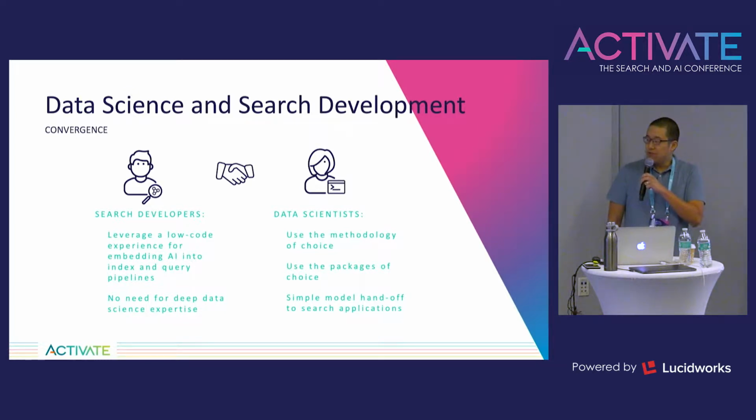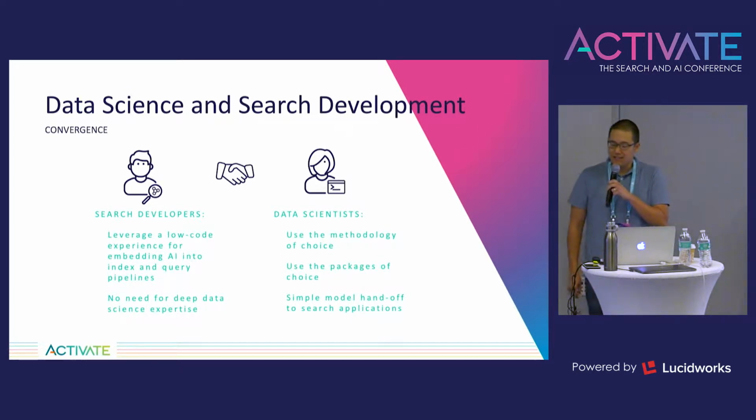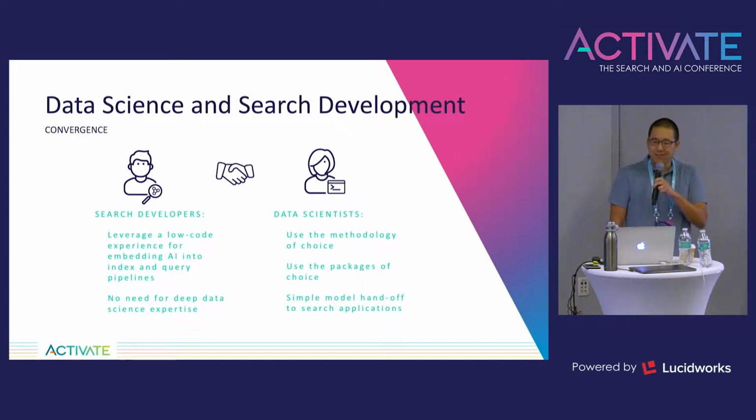For Fusion, one of its biggest selling points is the out-of-the-box experience that you get with ML and AI, especially if you're a search developer that doesn't know a ton about data science or a ton about machine learning and training models.